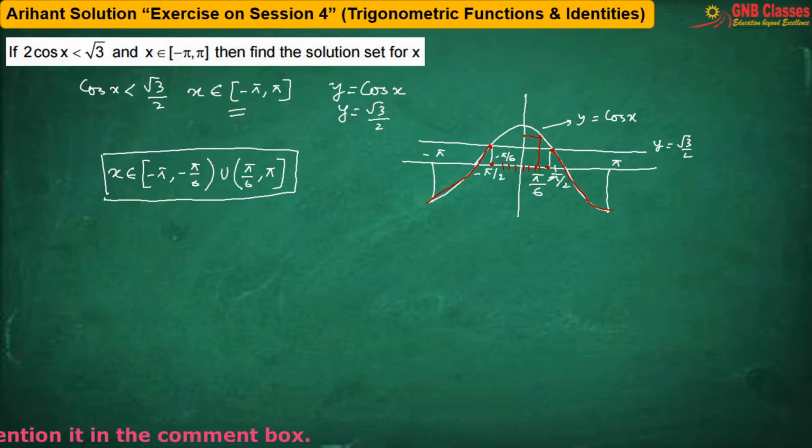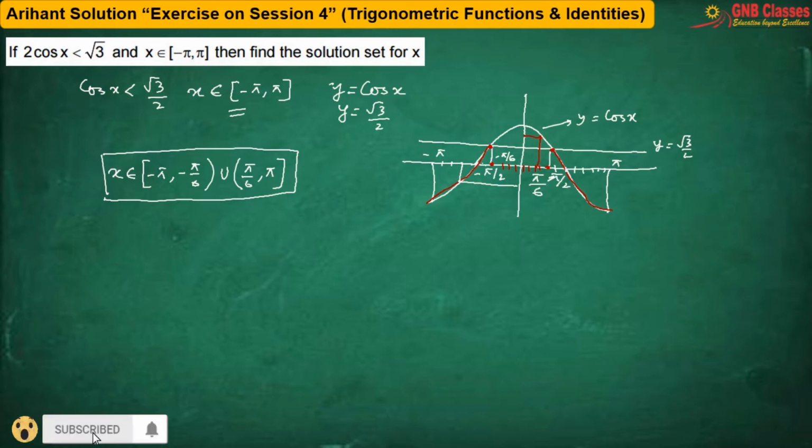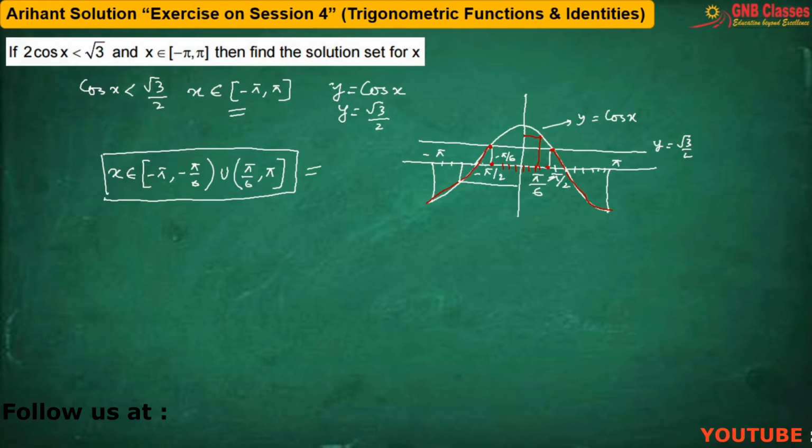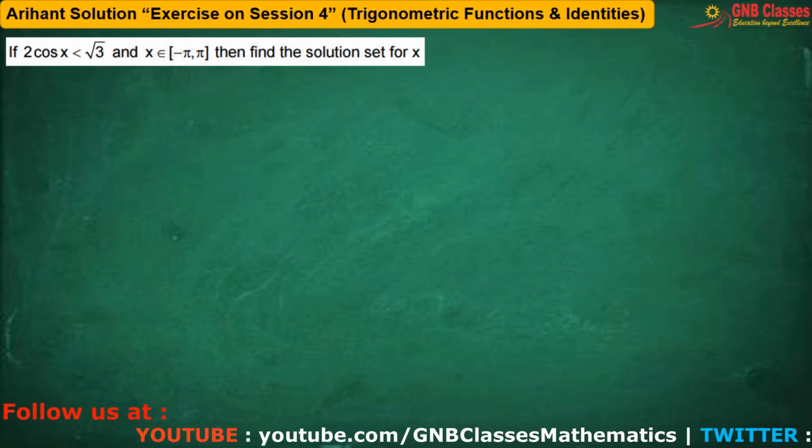Because any point you choose which is more than pi by 6 or less than minus pi by 6, the corresponding value of cos x will be 100% less than root 3 by 2. Yes or no? Therefore, this is the required solution set for x, for which cos x will be less than root 3 by 2. Is it clear? Okay, move for the next problem.